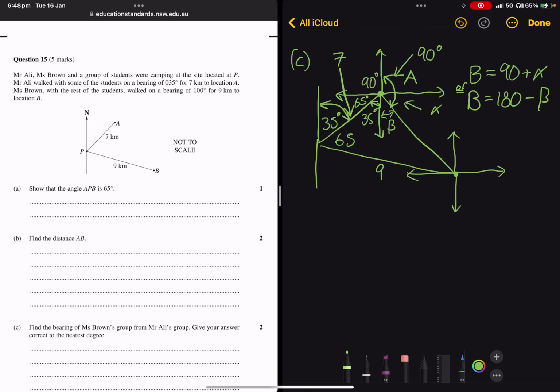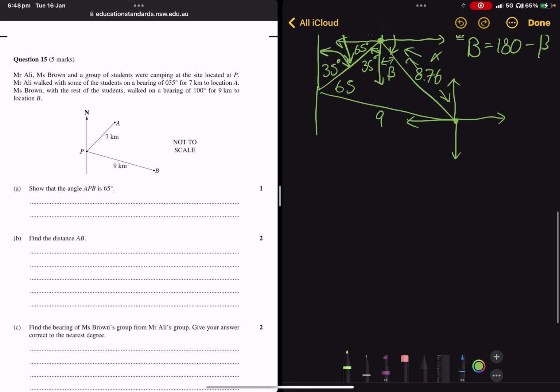So we know that this distance is 8.76. That's convenient because it means we know all of the side lengths of the triangle, so we can find this angle. We're going to draw just our triangle again. This is 9, this is 7, this is 65, this is approximately 8.76.